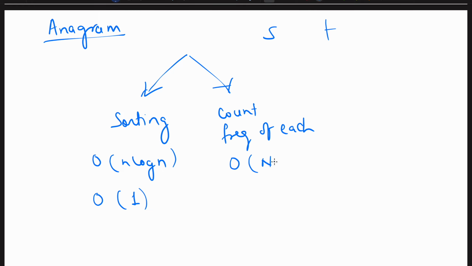Here it is going to take order of n time complexity and order of 1 space complexity, as we are going to store only frequencies for a fixed number of 26 characters, no matter how big the input size is. Our space will always be 26, so it is not affected by input size, so space complexity will be order of 1.